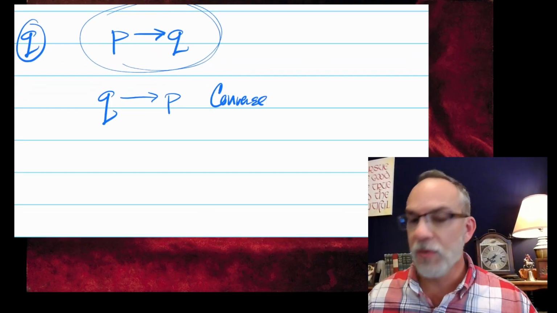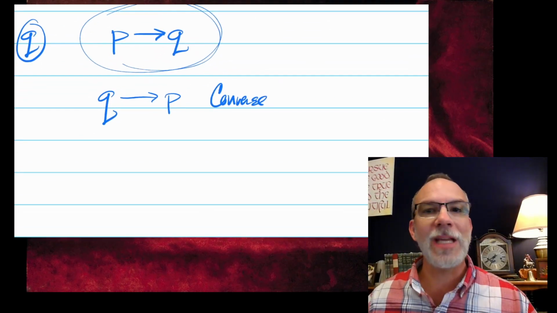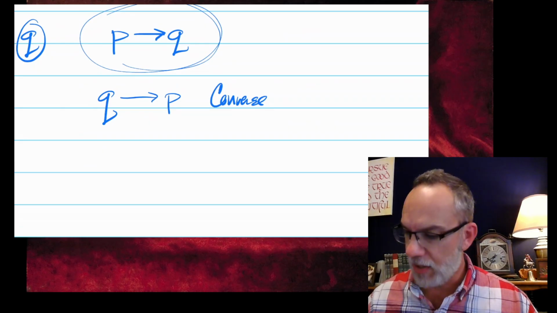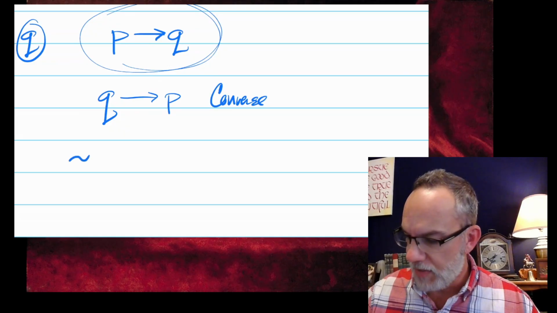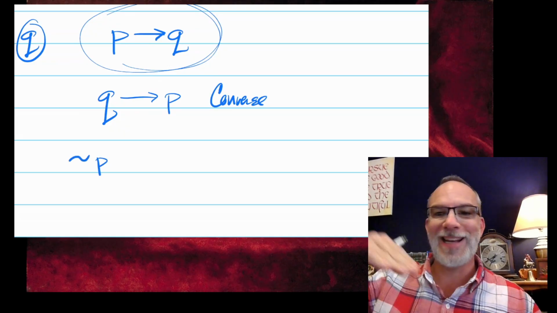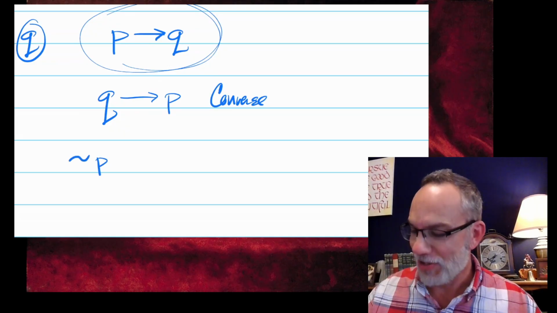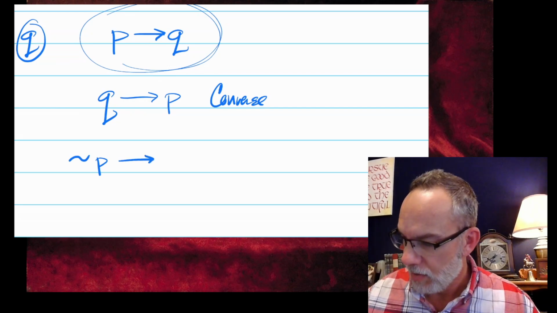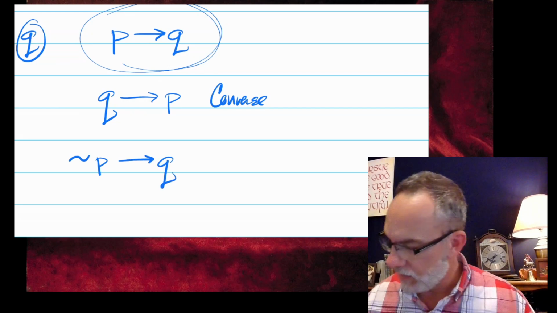The inverse would be the negation of both P and Q, but they stay in their original spots. Not P, the little squiggly line, it means not in logic. Not P, therefore, whoops, I forgot the not.